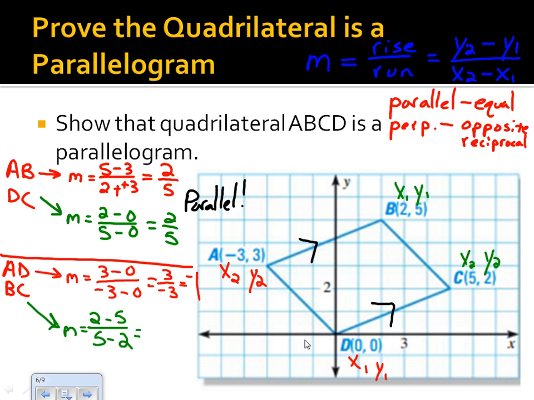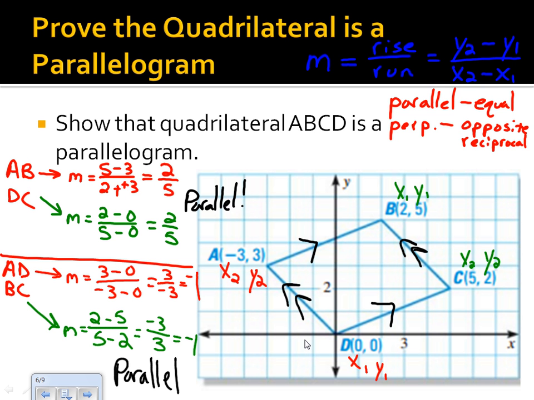Negative 3 over, reduces to 2. So what can we say about those two? Parallel. So we can mark them. Now we have two sets of opposite sides that are parallel. Is that the definition of a parallelogram? Yeah. So is this a parallelogram? Yes. Do you see how we proved it?